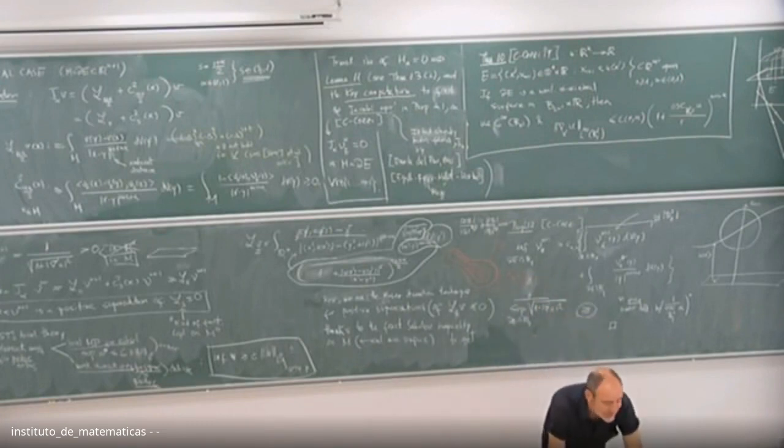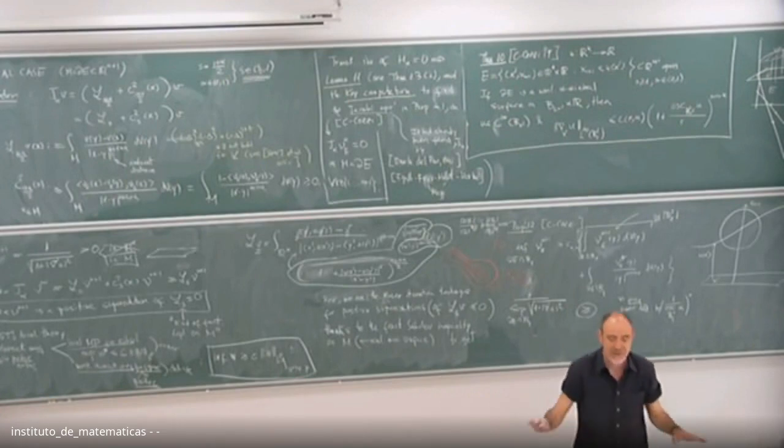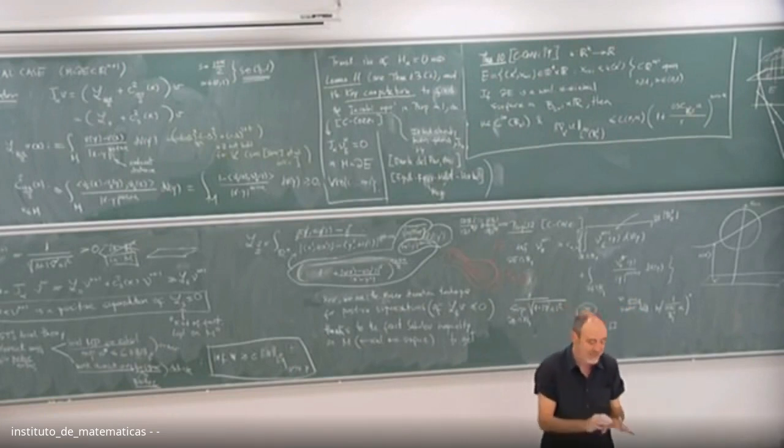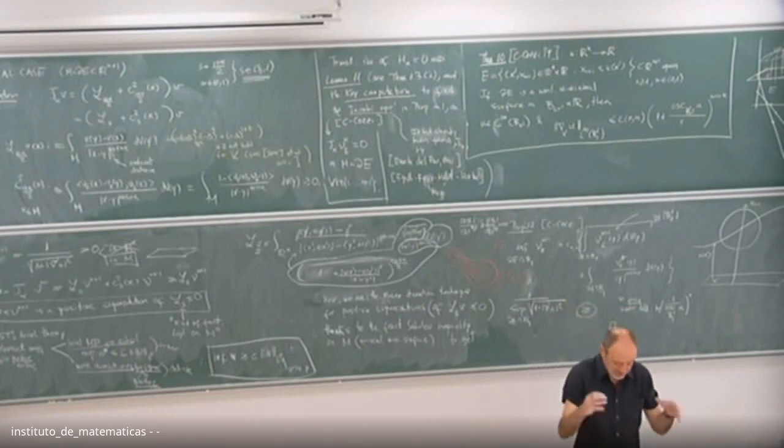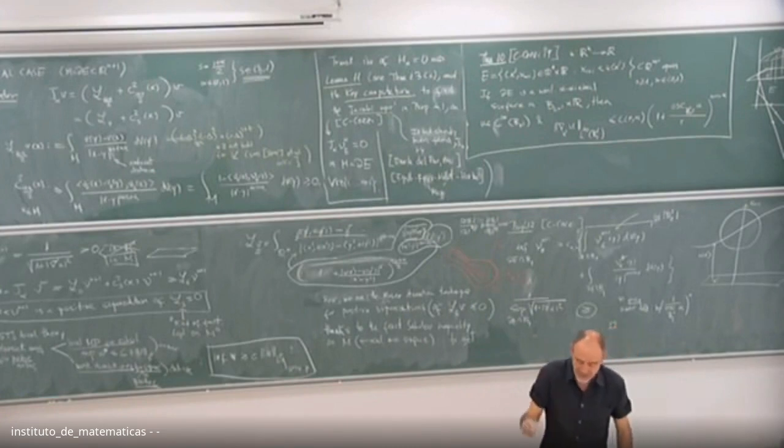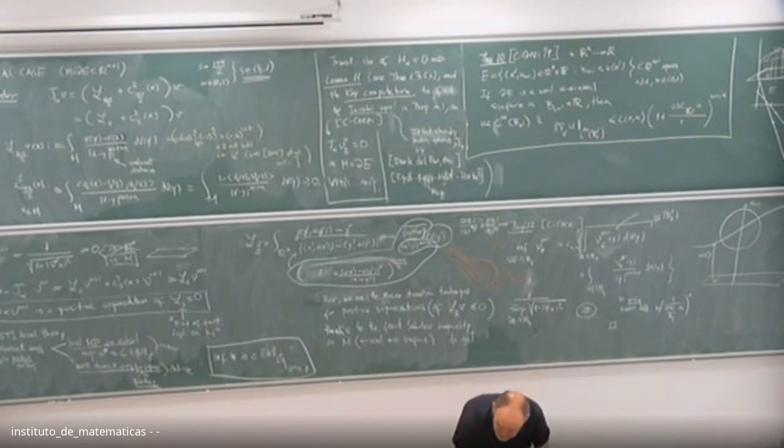Prove this inequality in every simply connected Cartan-Hadamard manifold. What is a Cartan-Hadamard manifold? A Cartan-Hadamard manifold is a Riemannian manifold, which is simply connected, we are going to assume, and with non-positive curvature tensor, right?